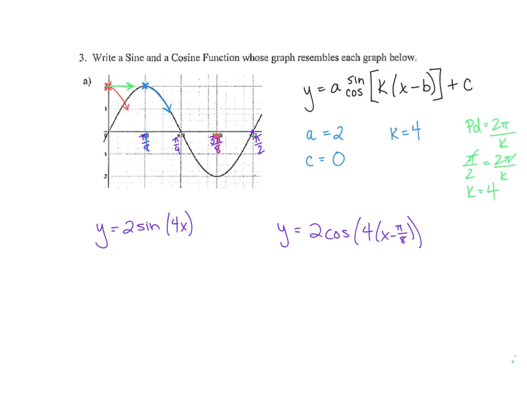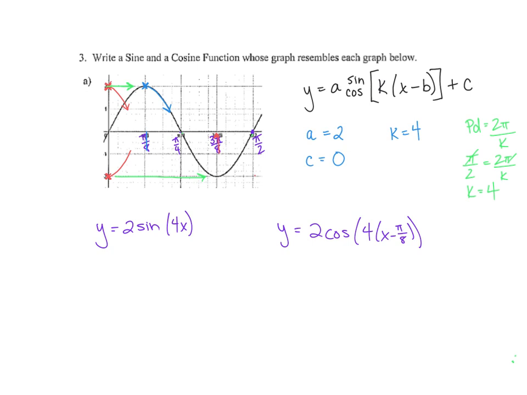I'm hoping there's a few other ways that we could have thought about this. We could have potentially reflected our cos curve and said, okay, well, if I reflect my cos curve, it's going to start at a minimum compared to my original cos curve. And then in order for it to represent the graph that we currently have, we would have to shift it to the right 3 pi by 8.